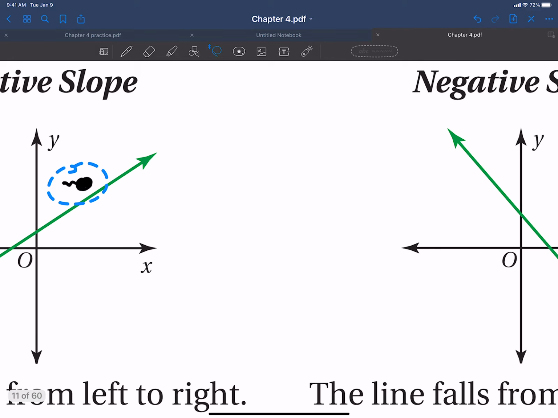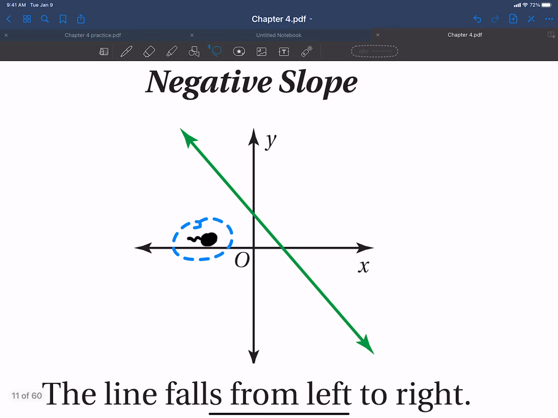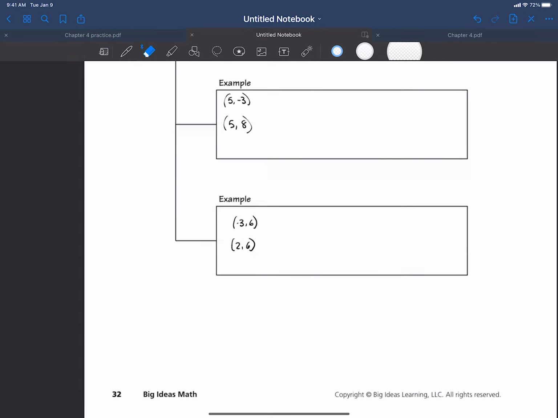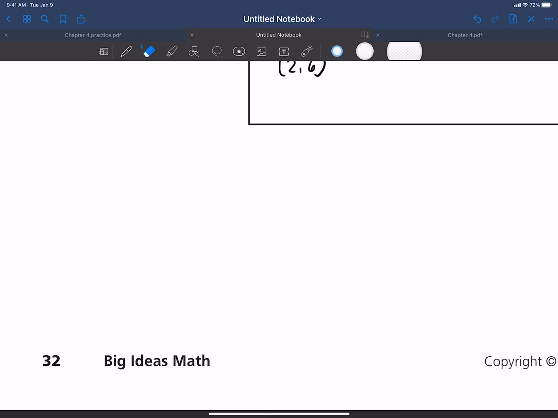But now let's use that same little mousey over here. If he's running along the line and he hits the green, he can't now go up, right? He has to keep going forward. So he runs, and now he slides down. If mousey goes down, that's a negative slope. So those are 2 things you should already know, negative and positive. But we're also going to put it down here in this extra room.